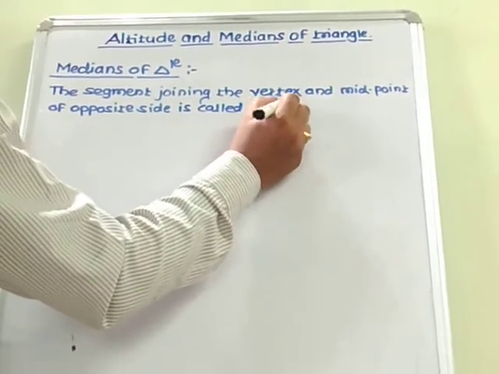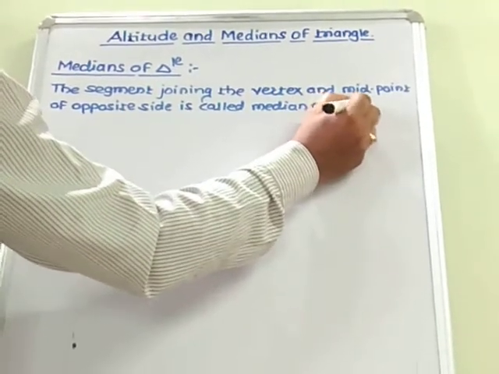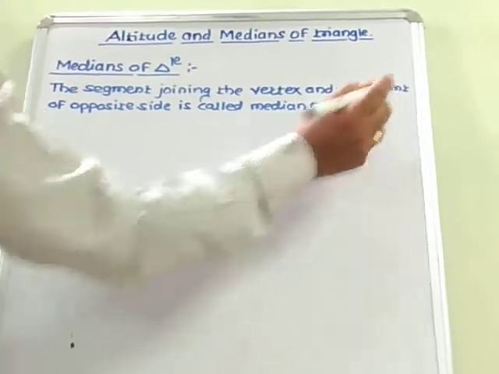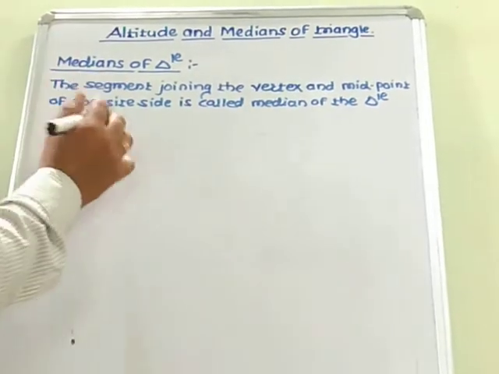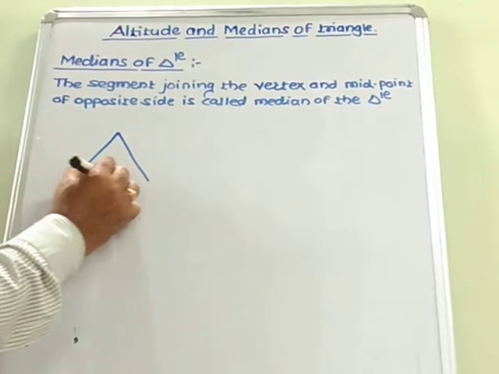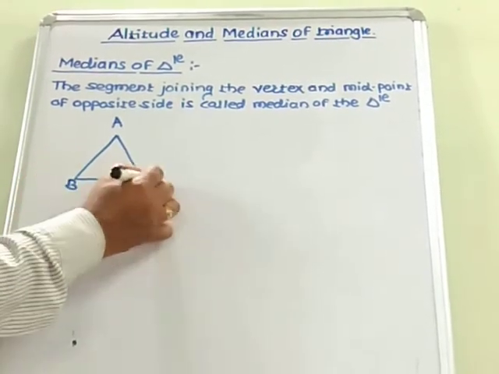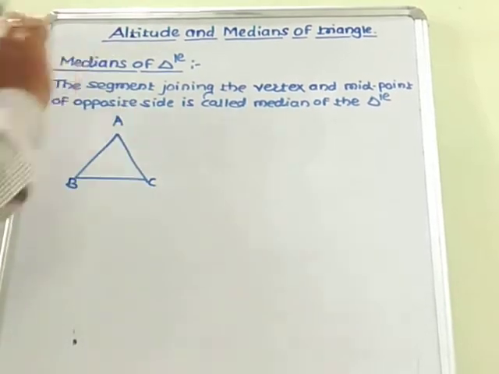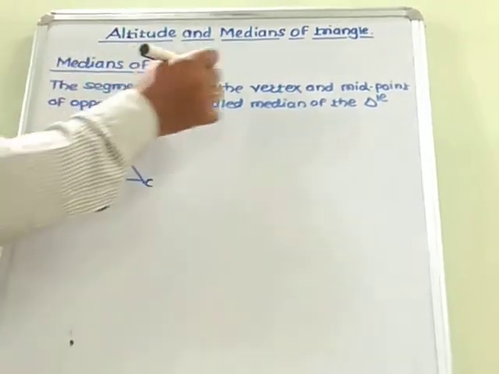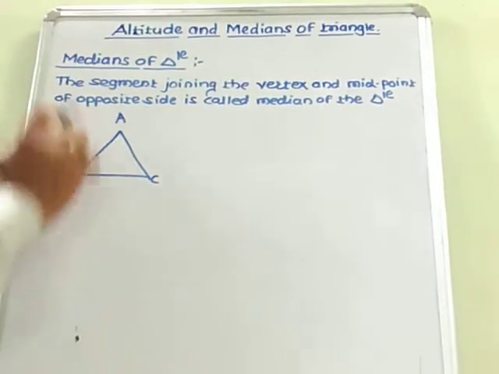Suppose this is a triangle A, B, C. The line segment joining a vertex and the midpoint of the opposite side is the median.